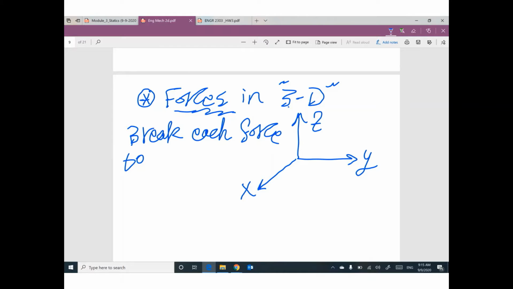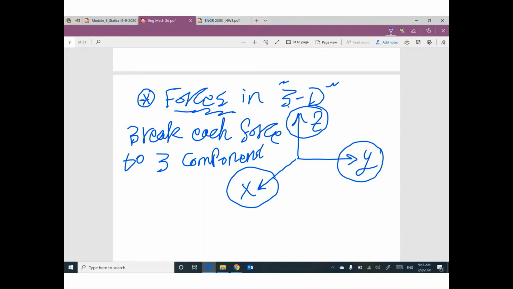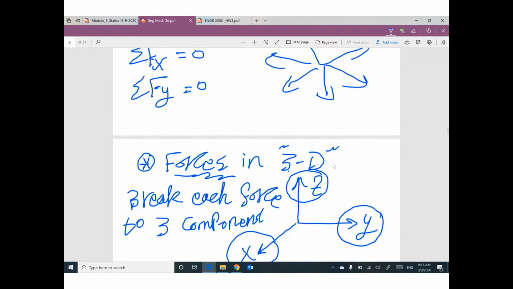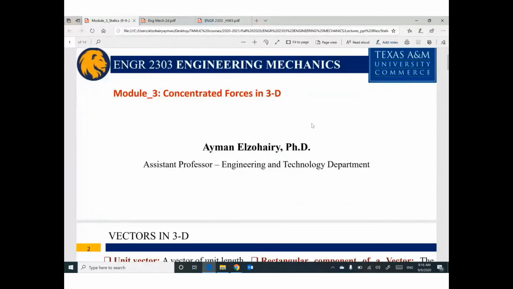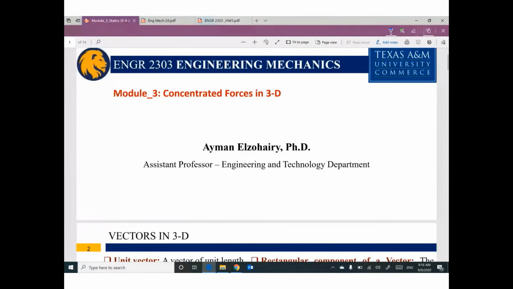I believe I need to break each force to 3 components: 1 component in X, 1 component in Y, and 1 component in Z. This is the only difference between what we learned before and what we will learn this week and the next week. So I'm talking about forces, or concentrated forces, in 3D.